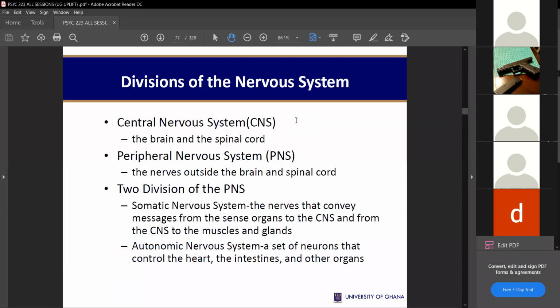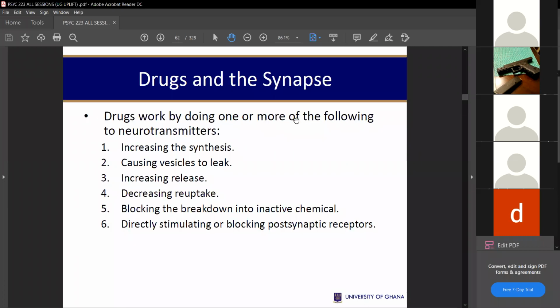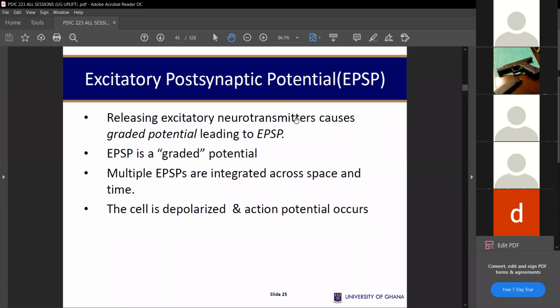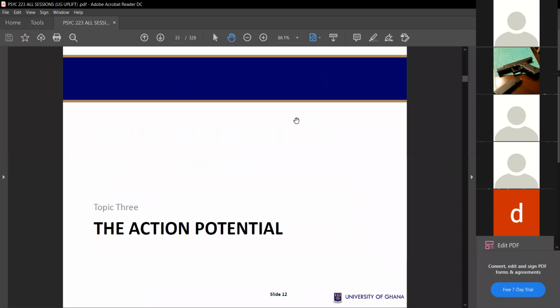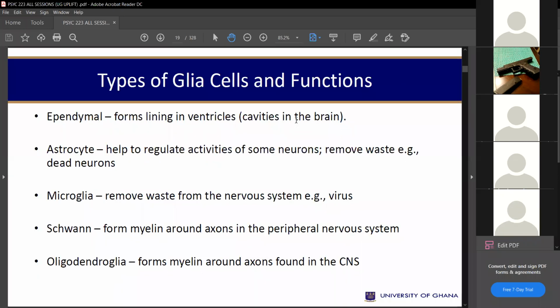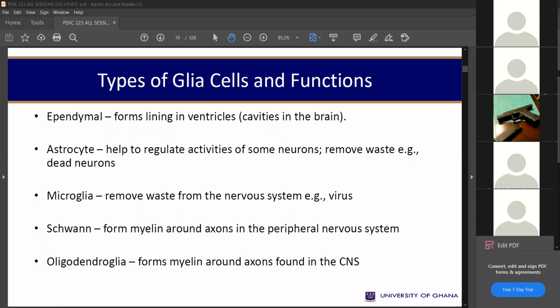So they are more or less like holes or cavities that are found within the brain. So let me check whether I can get one. Ventricles.